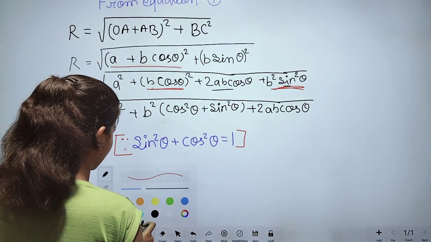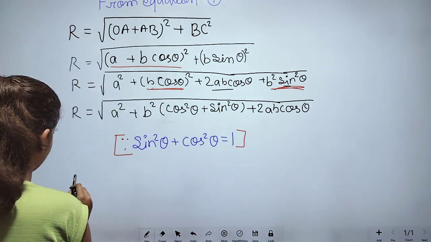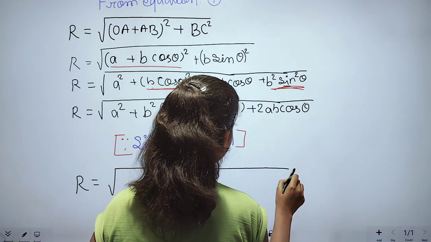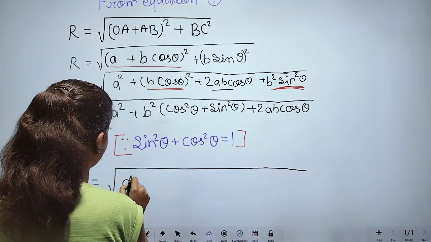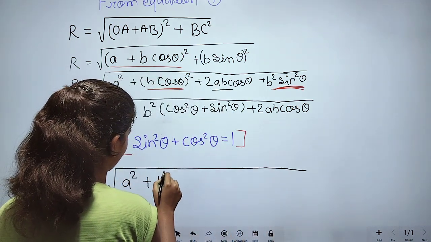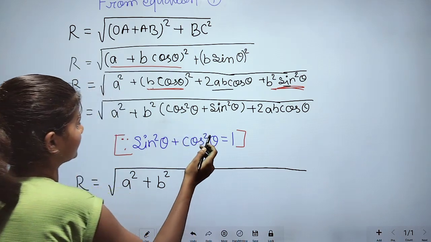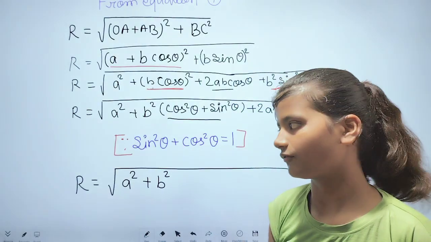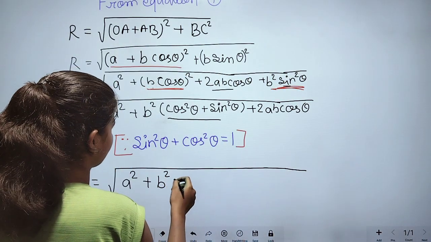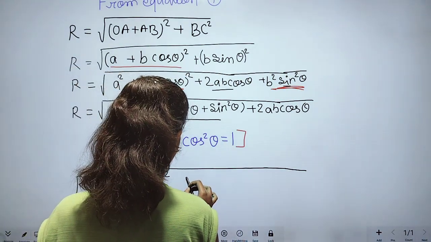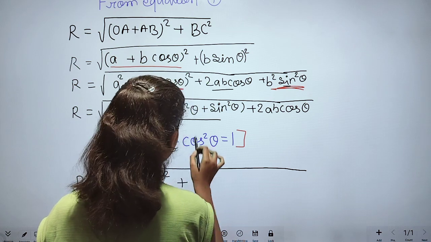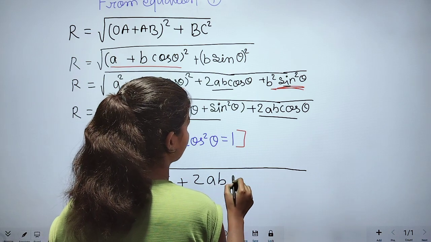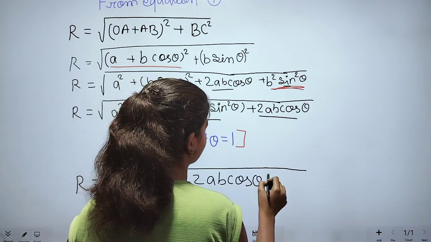So R is equal to root under A square plus B square times 1, plus 2AB cos theta.